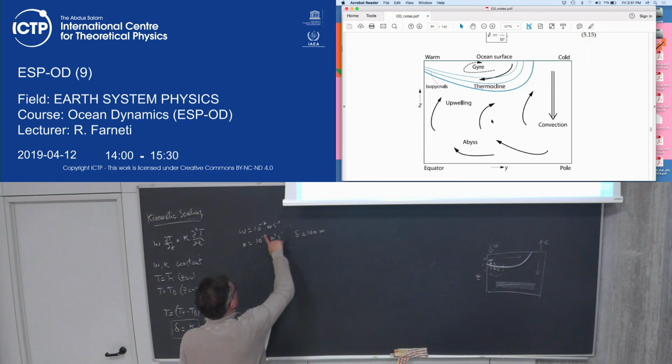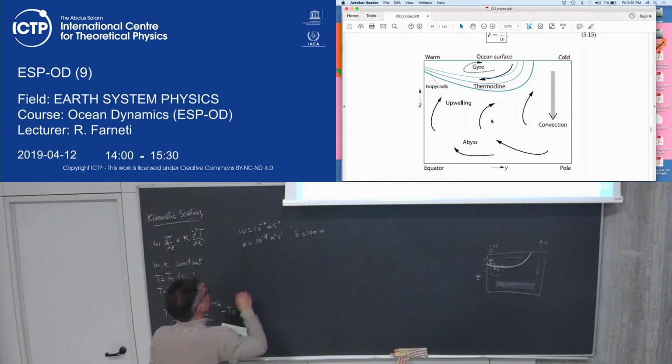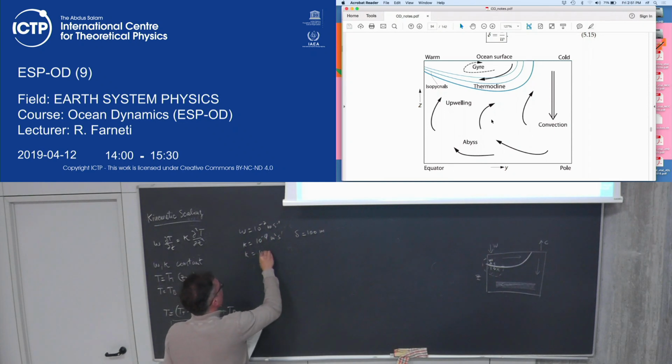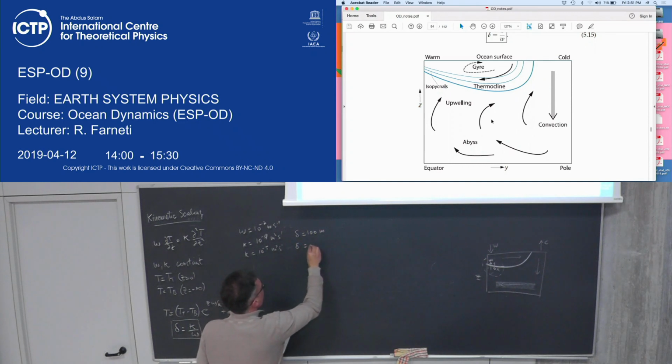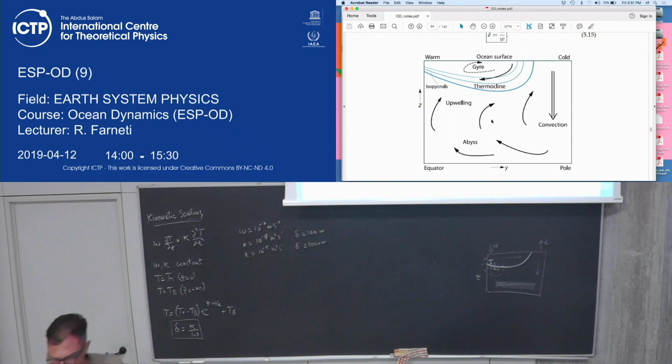Now if this is 10 to the minus 4, and if you put 10 to the minus 5, you get a thickness which is something like 1,000 meters.